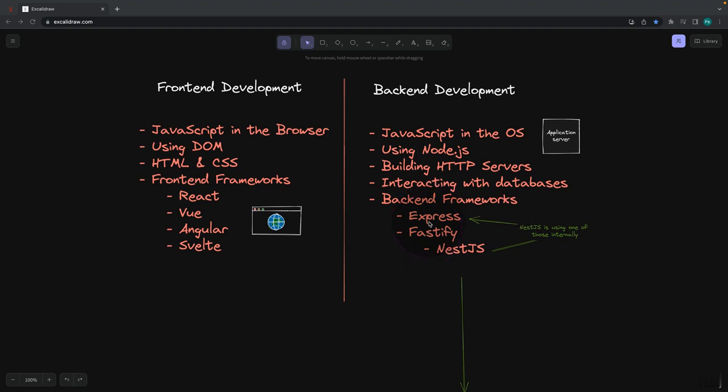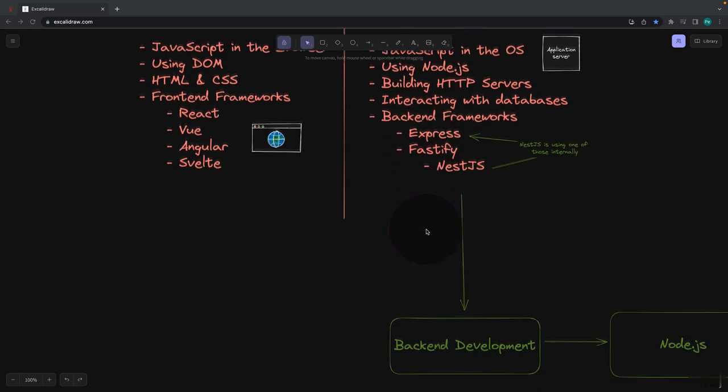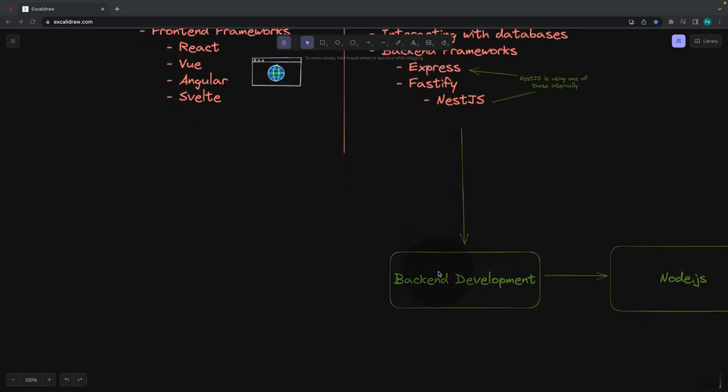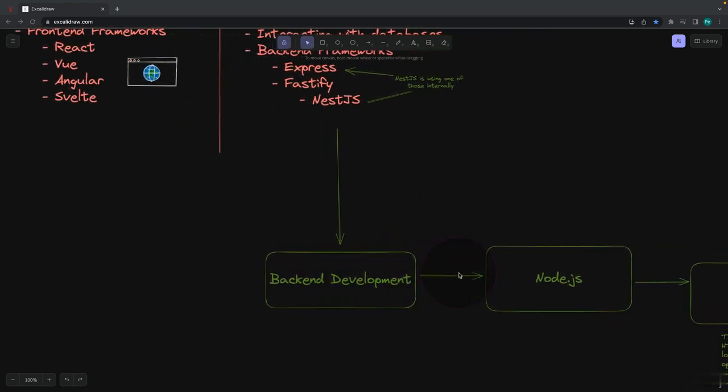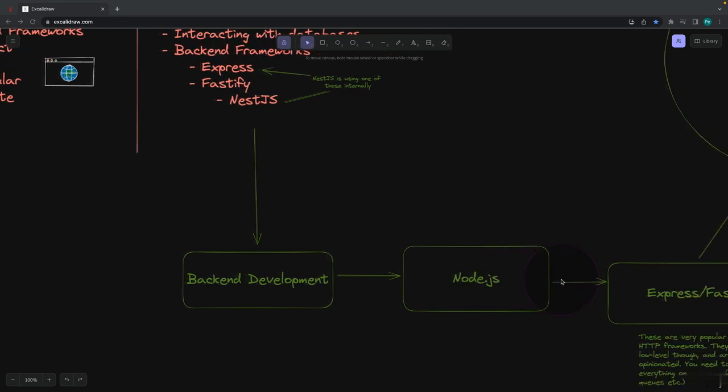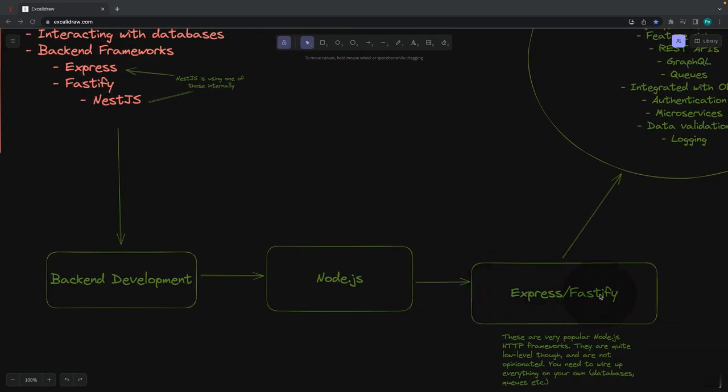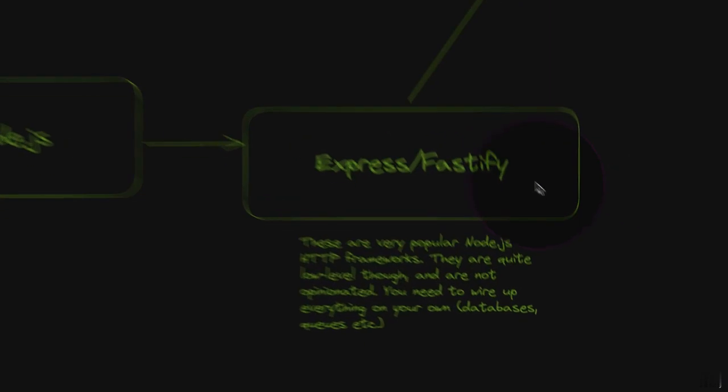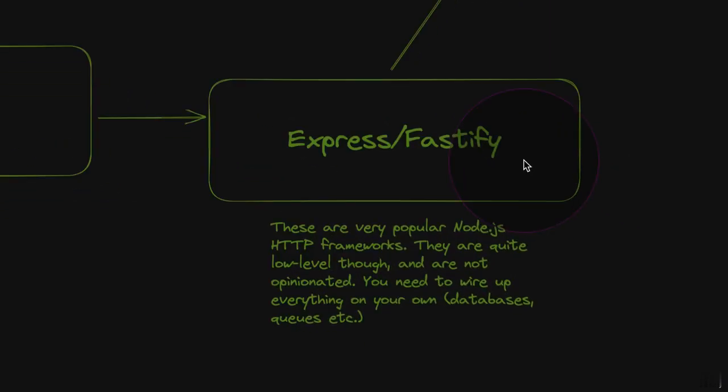Now let's see what the actual reason for that is. So we are going into backend development. As I've said, the only thing that you really need is Node.js. It's enough to create an HTTP server. This brings us to Express or Fastify. Though those are both excellent frameworks, and they are very popular HTTP Node frameworks, they are quite low level and are not really opinionated.